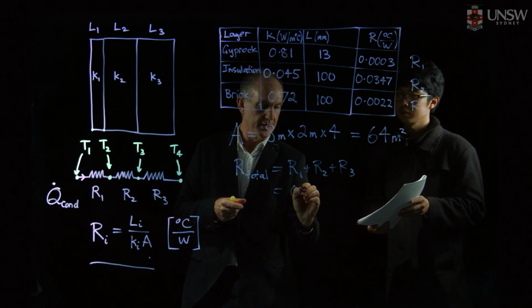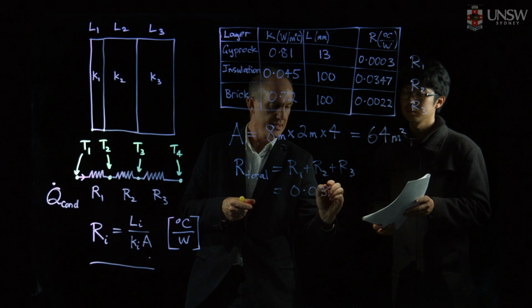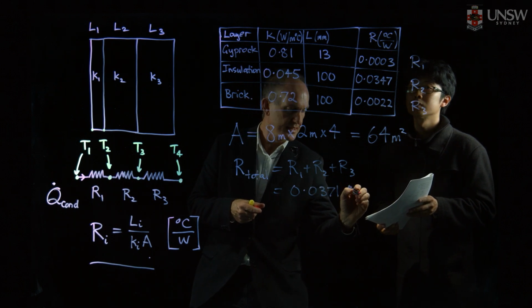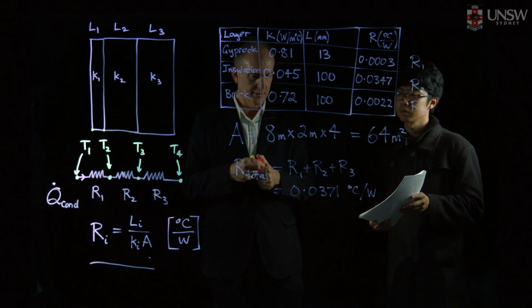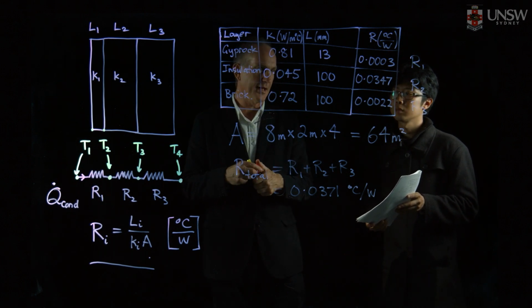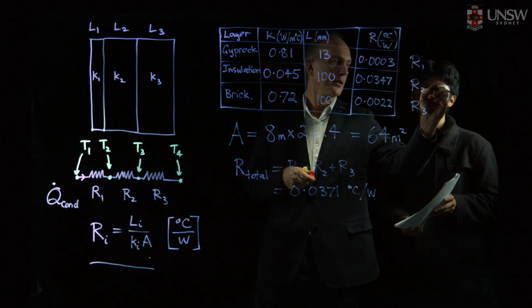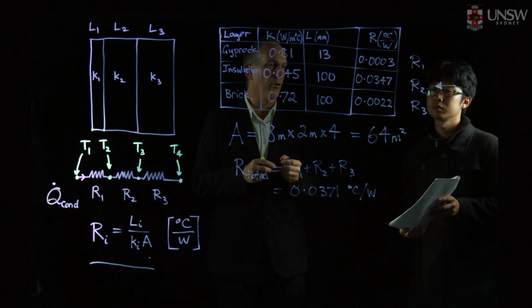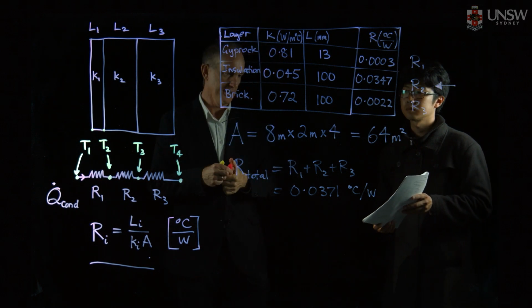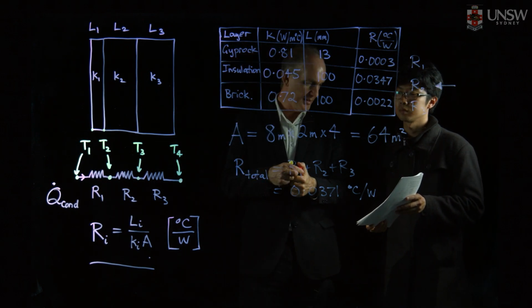It works out that 0.0371 degrees C per watt is the total thermal resistance, and we can see that the vast majority of that thermal resistance is coming from that insulation layer, which is probably something that we should expect.